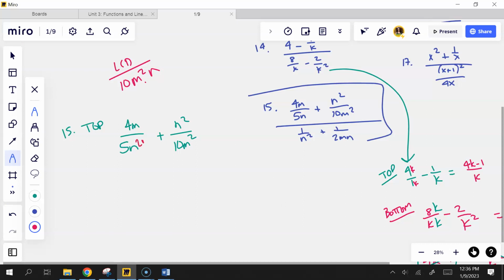Exactly. So 2m squared, 2m squared. This one has the 10, it has the m squared, it just needs an n. So I end up with 8m cubed plus n cubed over, ooh, I see something.